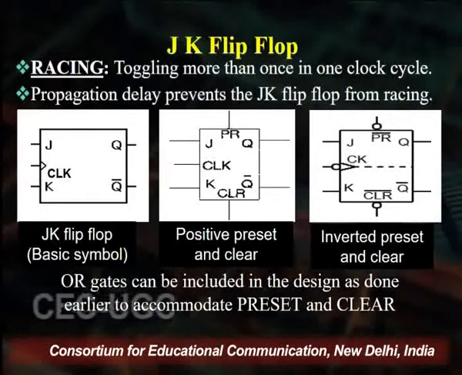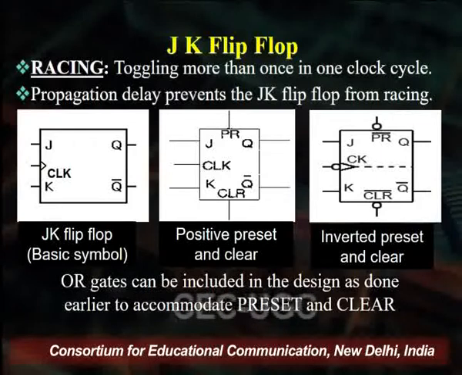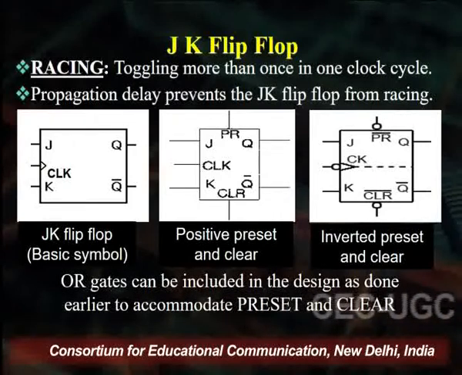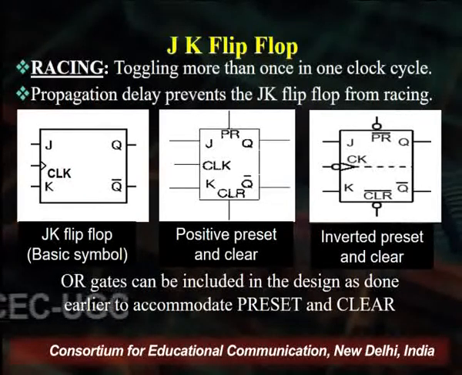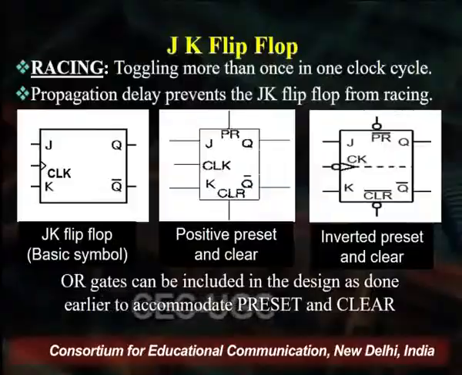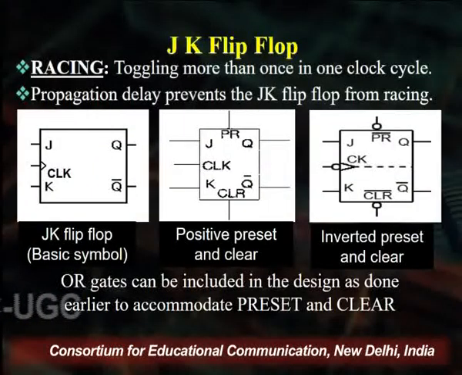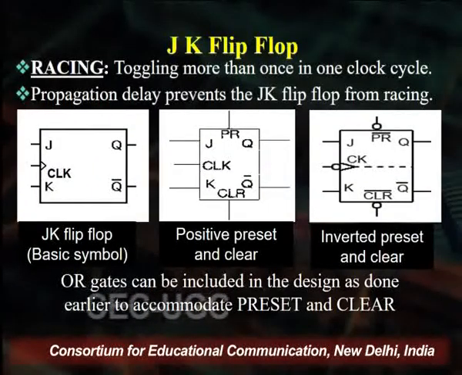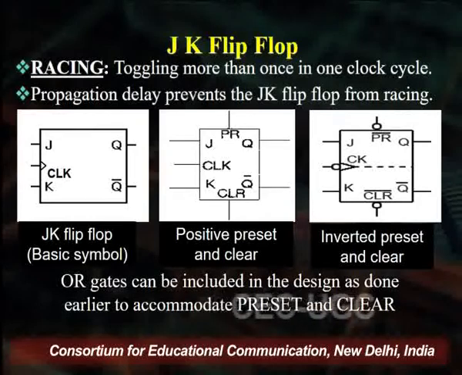So we have to overcome this problem, and only after overcoming this problem can the JK flip-flop be used for all the 4 combinations. So what really happens is, there are 2 methods in order to overcome this problem of racing. One is the edge triggering, and next one is the use of master-slave technique. So we'll discuss the master-slave technique in detail.